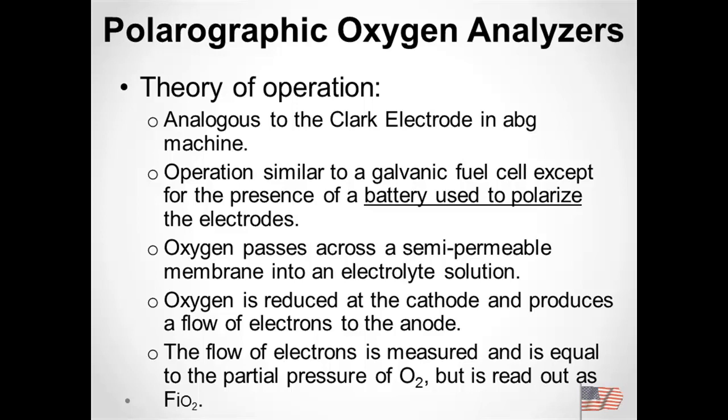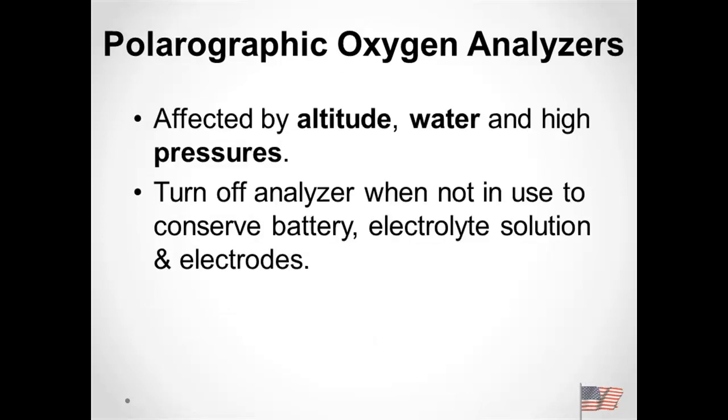Other than that, they're really similar. Again, because I'm measuring partial pressures, it's affected by the presence of water on the sensor, high pressures, and altitude. Same exact process. Now the difference here is that when we turn off the analyzer, we turn off that battery, we end up not having that process where the oxygen is slowly deteriorating the sensor itself.